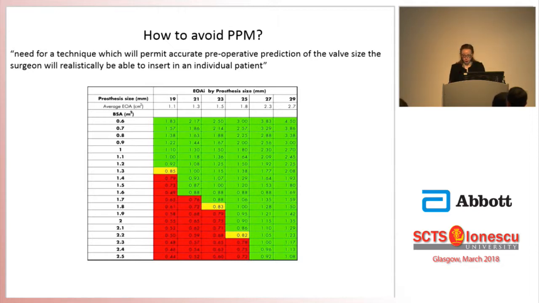Then you have to calculate the effective orifice area required to get an indexed effective orifice area greater than 0.85 cm²/m², to ensure a minimal indexed effective orifice area for a given patient. And then you have to select the type and the size greater or equal to the effective orifice area determined in step number 2.